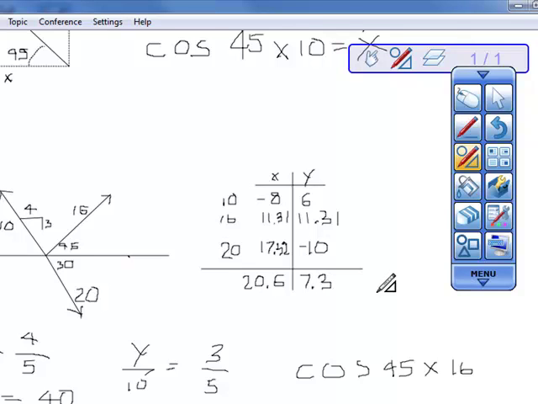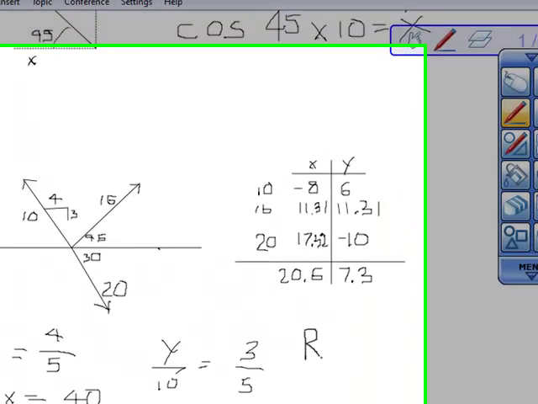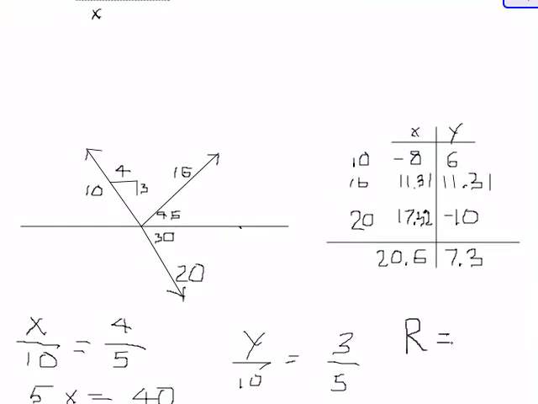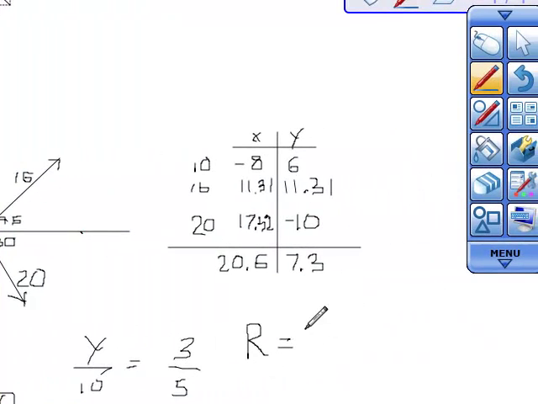And then to get your resultant, the resultant is going to be equal to the square root of 20.6 squared plus 7.3 squared.